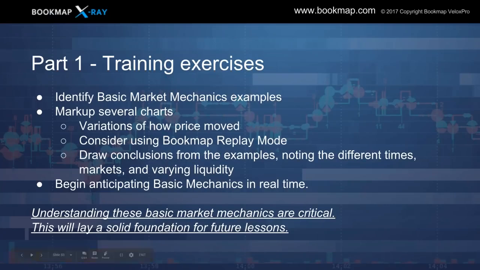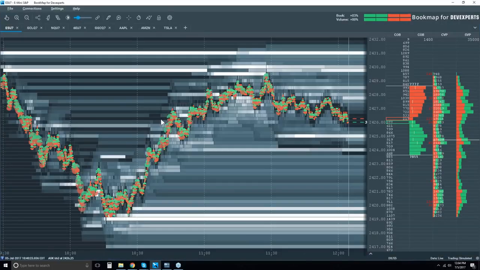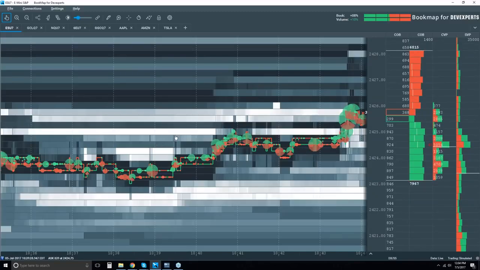Let's see, Afshin, more about exhaustion. Okay, so exhaustion, let's just take a look at the current market, right? Here, let's look at some of this trending action, okay?